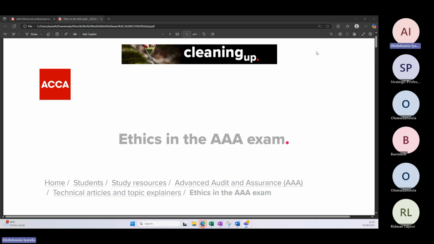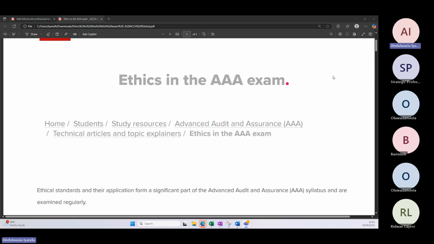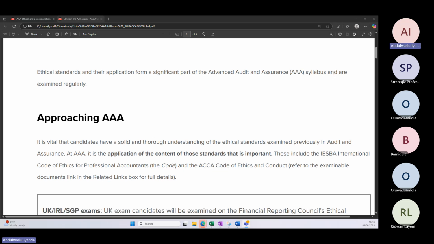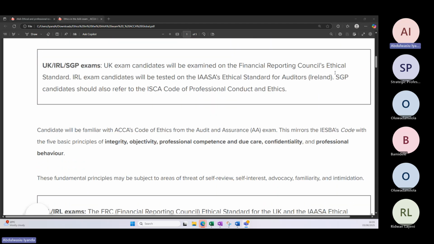Starting from ethical and professional issues, some of us remember at the skills level, we have the fundamental principles. We have the five fundamental principles. What are these five? I'm sorry to repeat this again. We have integrity, we have objectivity, we have professional competence and due care, we have professional behavior, and we also have confidentiality.